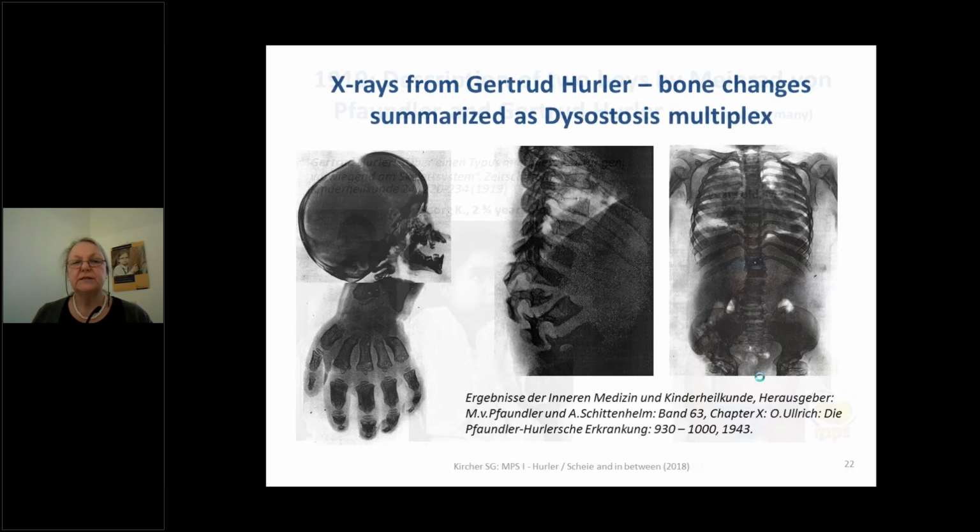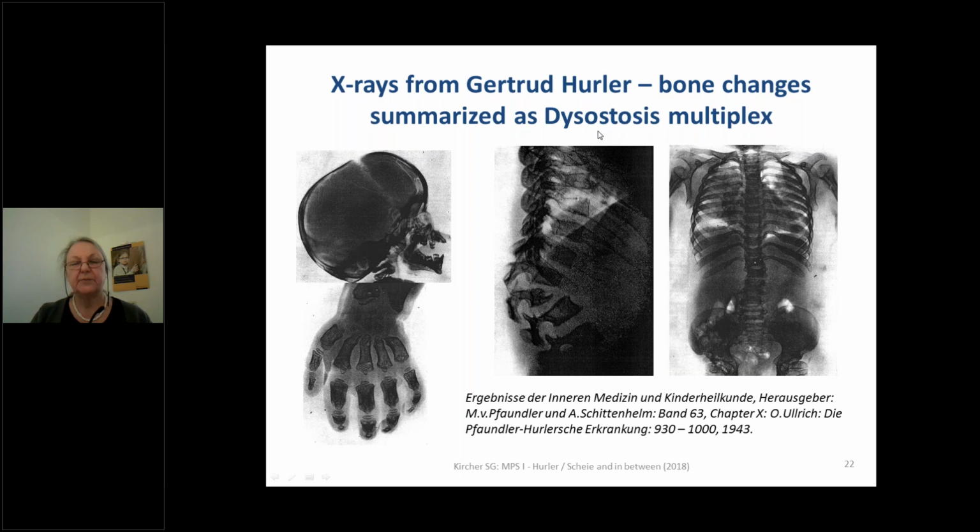Gertrud Hurler also described skeletal deformities, and these skeletal deformities, they are still valid. It is a special head form, special malformed vertebral bodies. It is the special form of the fingers and the endpoints of the fingers and the broad ribs, and all this is called dysostosis multiplex.